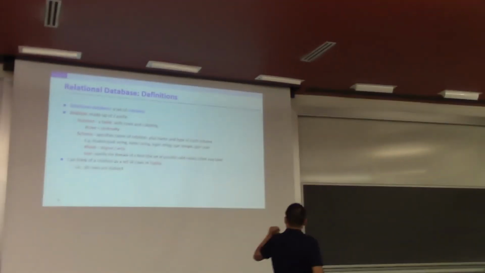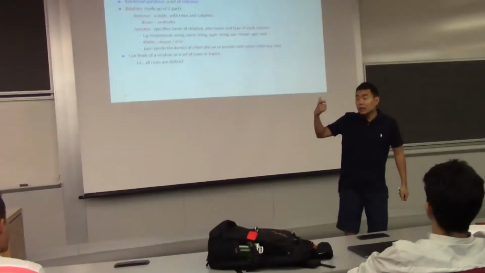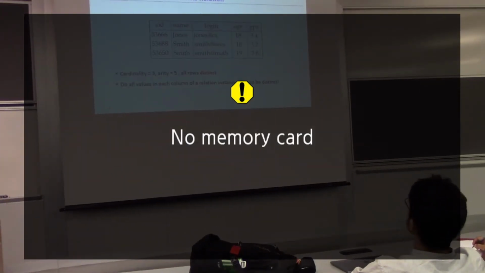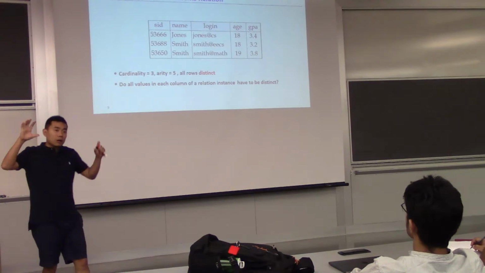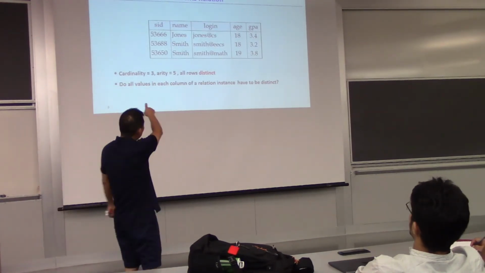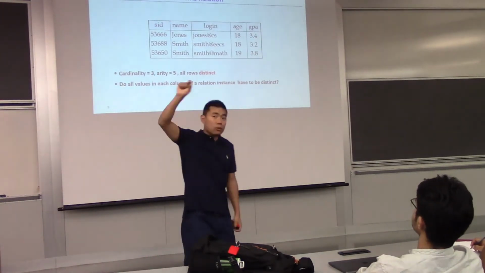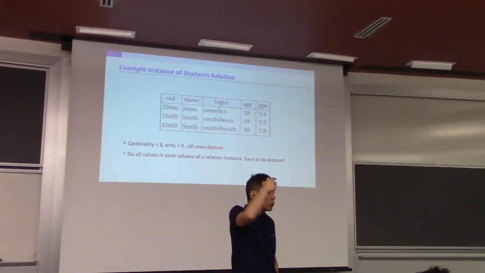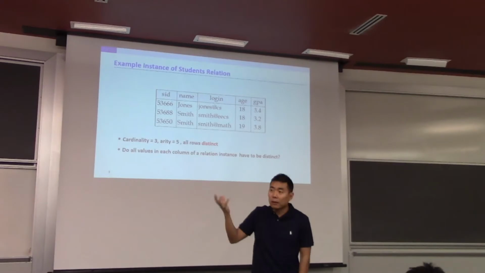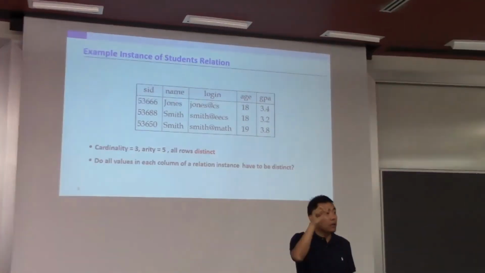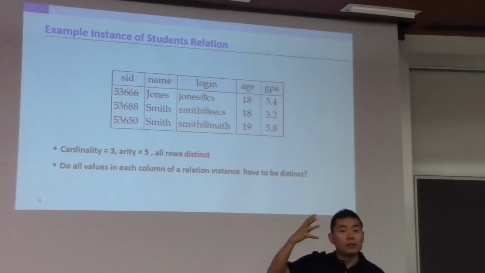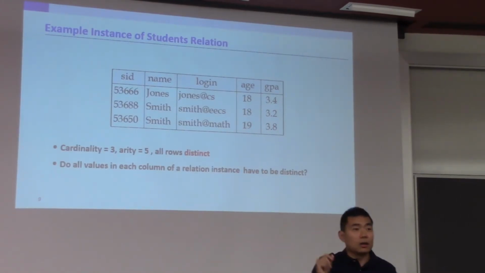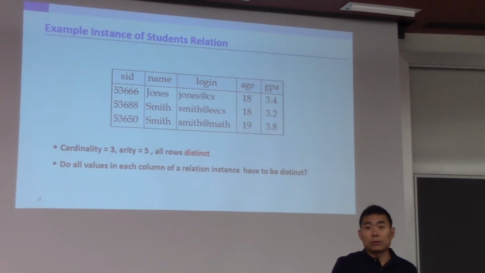So that's what we call the schema. Then there's the instance. What is an instance? Well, the instance refers to the specific records coming into that table. So looking at this example, the first row at the top is the schema of this table. Of course, here for simplicity, I omitted the type information of each attribute. But imagine there should be type information associated with each of these attributes.